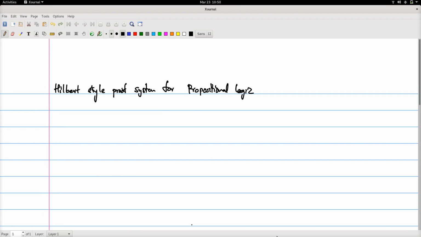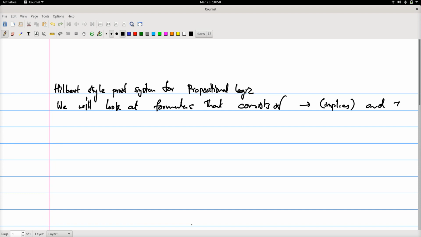So we will look at formulas that consist of the implies and the negation operators. Only these operators we will consider. Other operators, and and or, can be expressed in terms of implies and not.